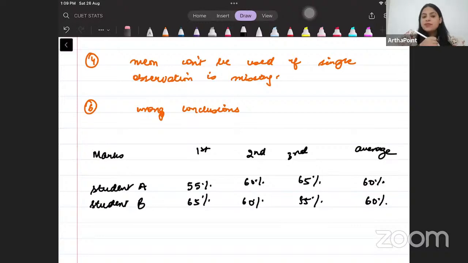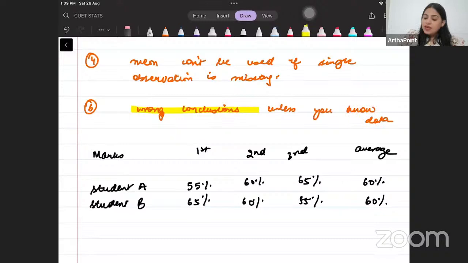But this may lead to wrong conclusions if you don't know the data it came from. So mean can lead to wrong conclusions unless you know the data. You know the data, meaning what? Beta, we don't know whether the first, second and third tests of these two students were the same or not.